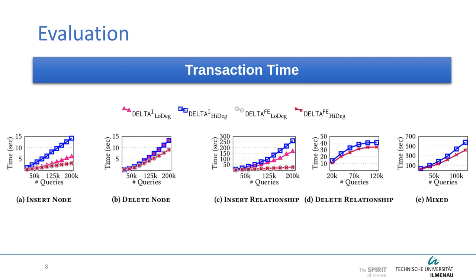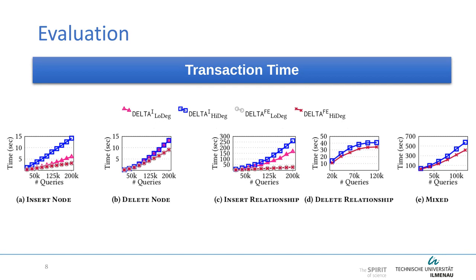So this is saying it took 15 seconds to insert 200,000 nodes. Is that right? For high degree delta? Yeah. Okay. And then the last one is your actual proposed solution, I guess, delta FE high degree. This slide is a little confusing. I wasn't sure what was going on.